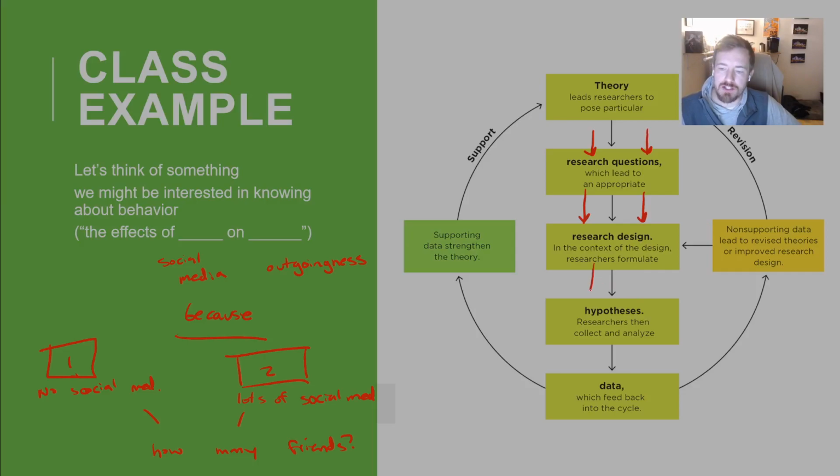That's going to lead us to a hypothesis that we can test, right? Because our hypothesis is that people in the lots of social media group are going to have more friends.